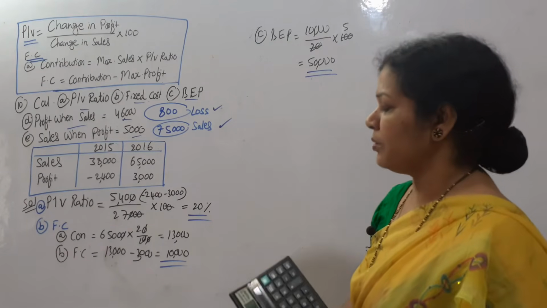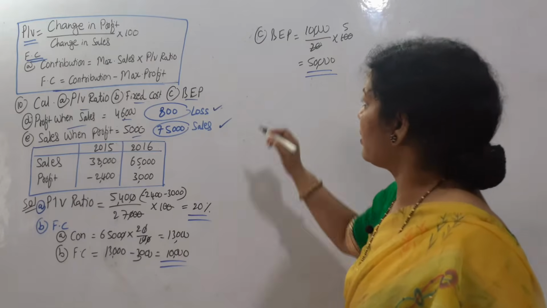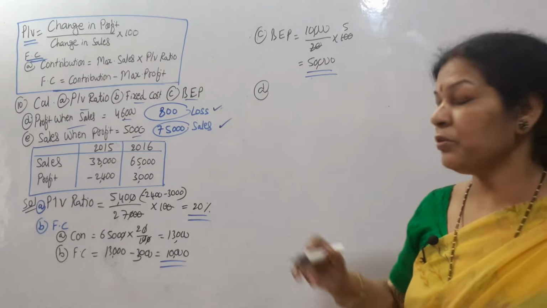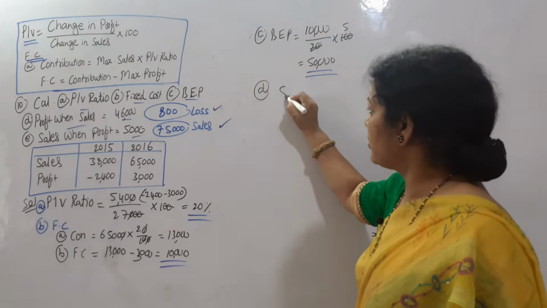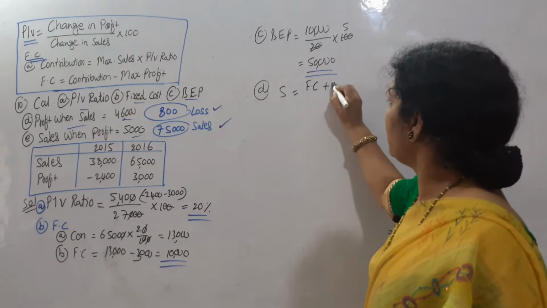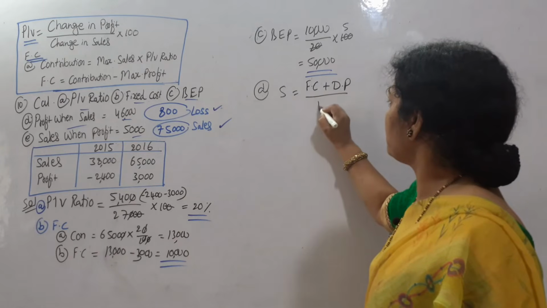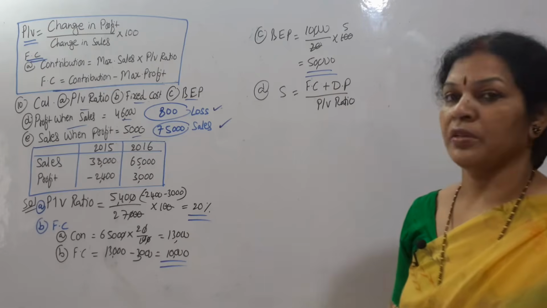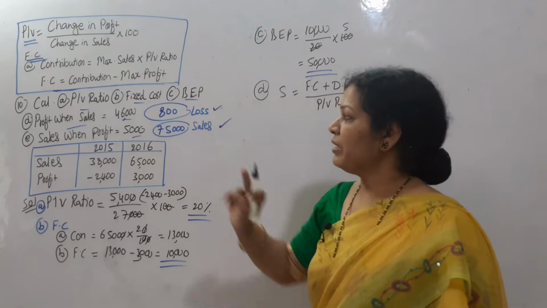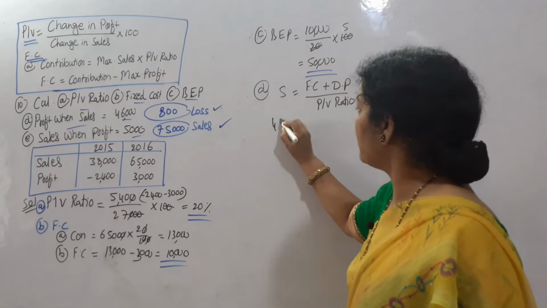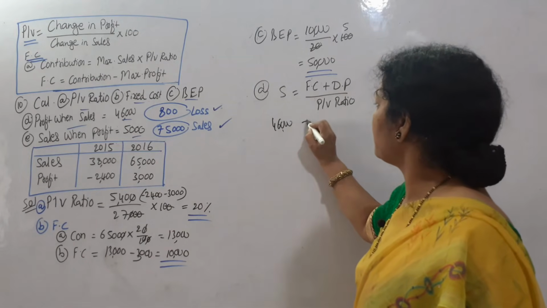Next, profit when sales are this much. What is the formula you use? Sales is equal to fixed cost plus desired profit by PV ratio. Profit when sales are 46,000, what would be the profit?